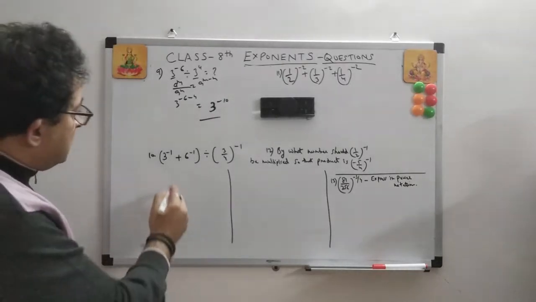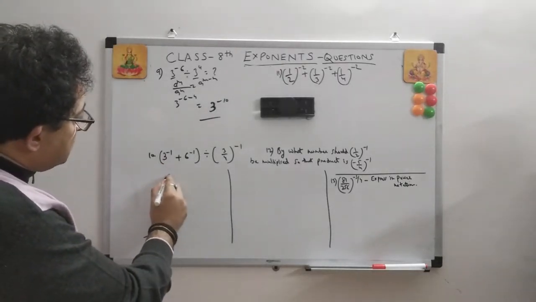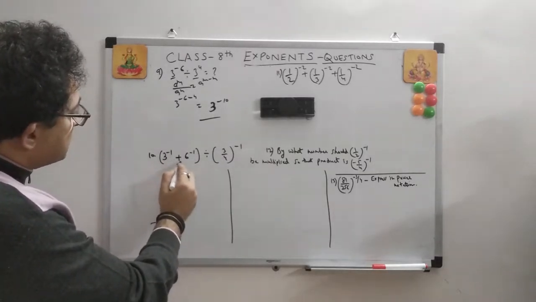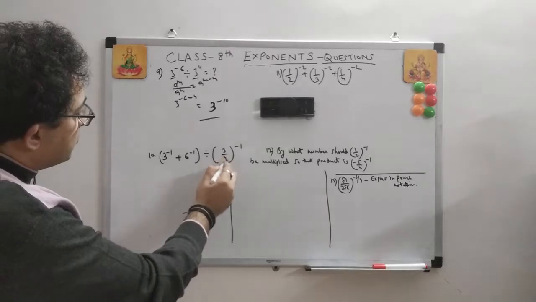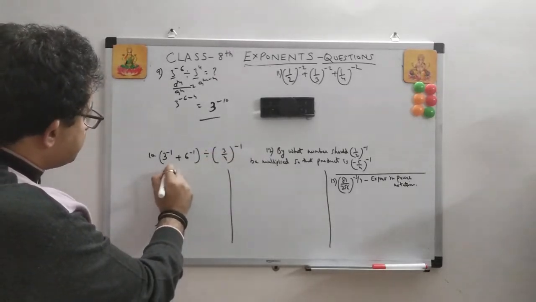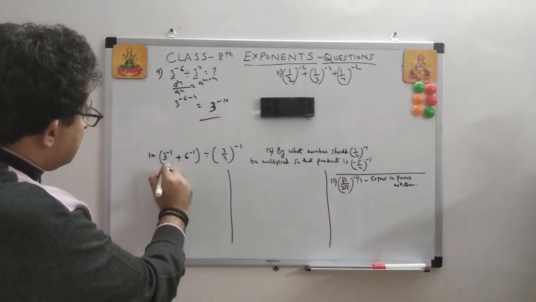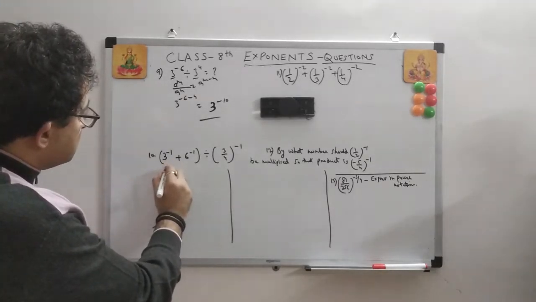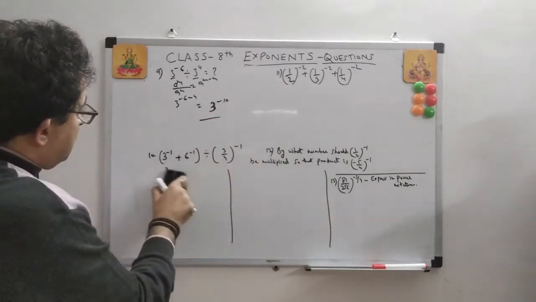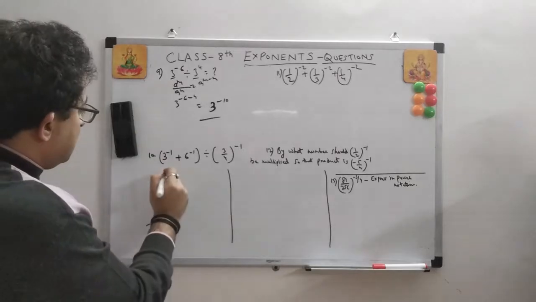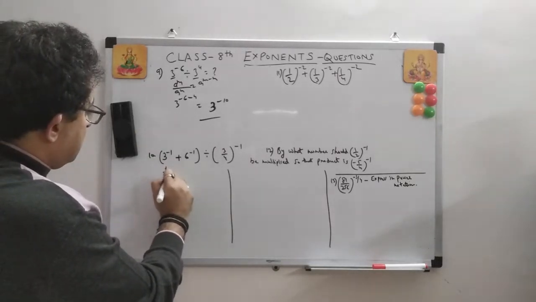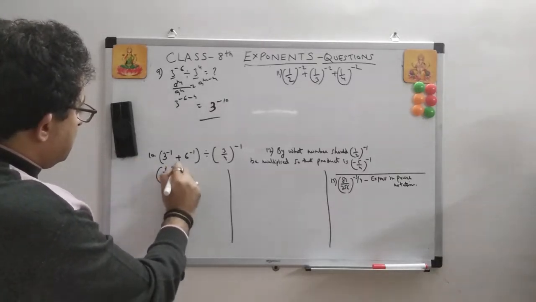Now this one, let's do this question. 3 to the power -1 plus 6 to the power -1, divided by (3/4) to the power -1. What's the reverse of this? 3 can be written as 1 by 3 to the power 1.